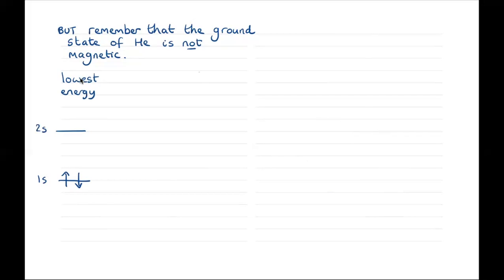The highest energy of the states we've considered has one electron in the 1s and one electron in the 2s that's anti-parallel, and in between we have one electron in the 1s and one electron in the 2s with the spins parallel.